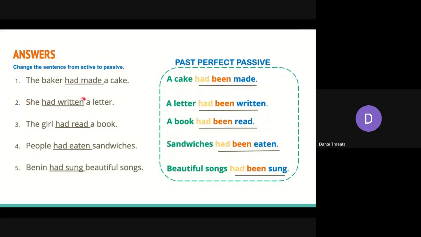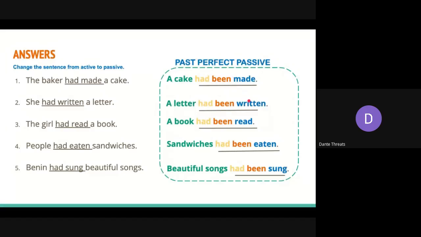She had written a letter. What did we do? Took out the subject. What next? Changed the object to the subject, and then kept the helping verb, added been, and then kept the participle.